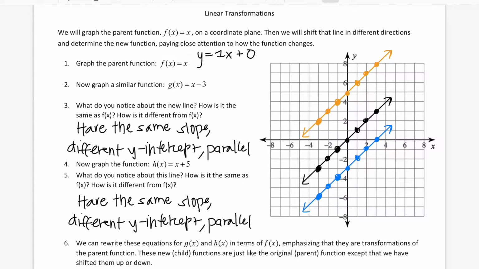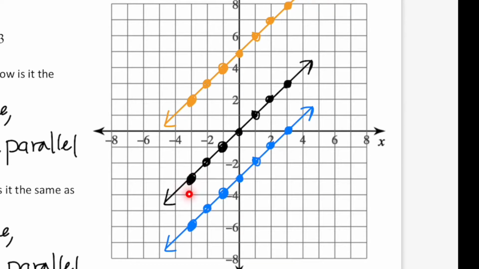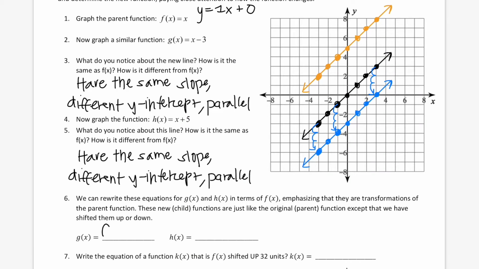These new functions, or child functions, are just like the original, or parent functions, except that we have shifted them up or down. G of x is the same function with each point shifted down 3 spaces. Shifting down 3 spaces is taking the y values and subtracting 3. So we can rewrite this as g of x equals f of x, that same function, minus 3.